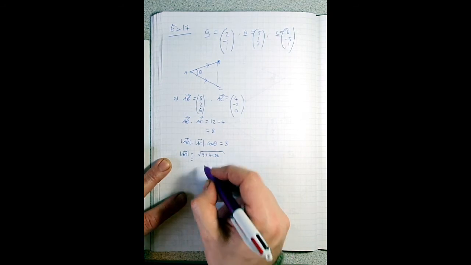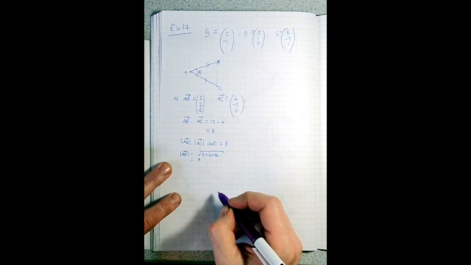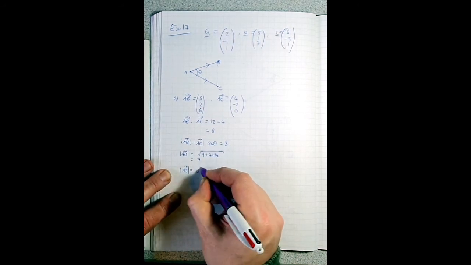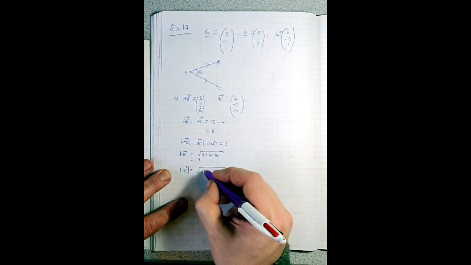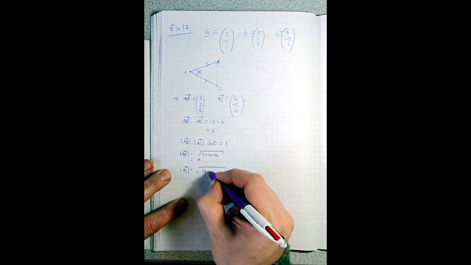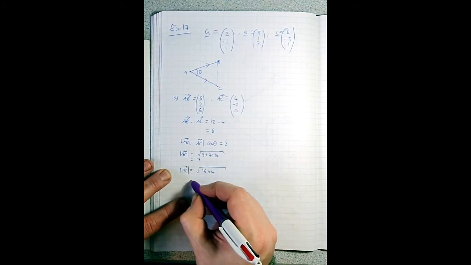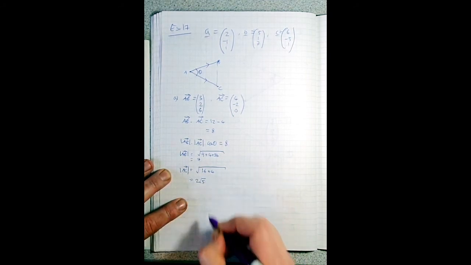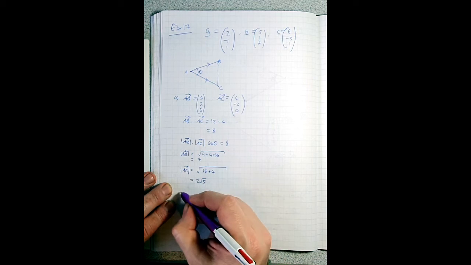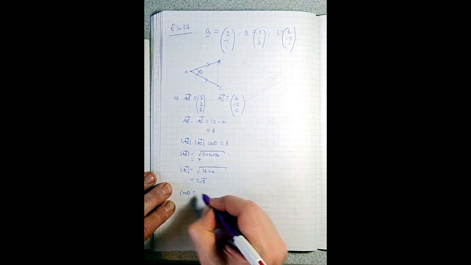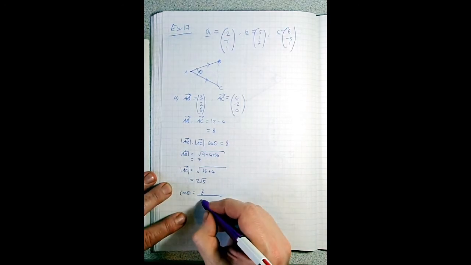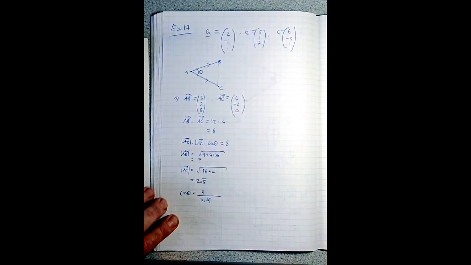That's 7. Mod AC is the square root of 16 plus 4, 20, 20 is 4 times 5, so 2 root 5. So cos theta equals 8 over 7 times 2 root 5, 14 root 5.